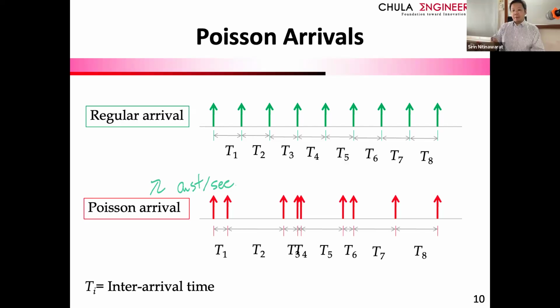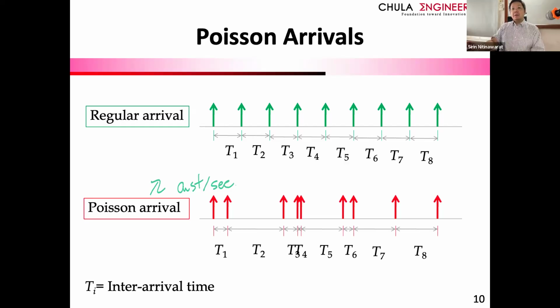Arrival per second, right? But what should be the unit of t? Second. So then what should be the mean of t for each t? What is k? It should only be a function of lambda, right? Let's say I know lambda. Let's say I look at the system for 10 seconds.